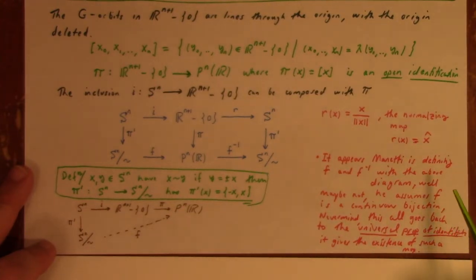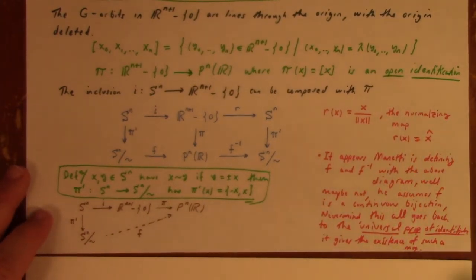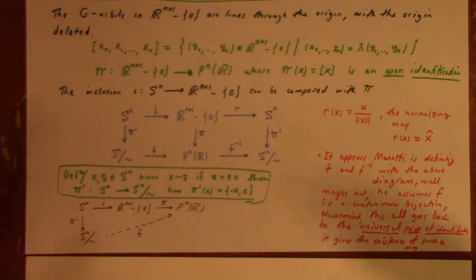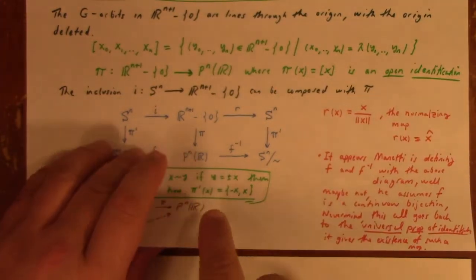So if you go back to the start of the quotient map material, remember we had this particular theorem about the existence of a mapping. I think it was lemma or proposition 5.6. I think this all rests on that ultimately, but it doesn't matter, because on the next page I actually construct a formula for f.